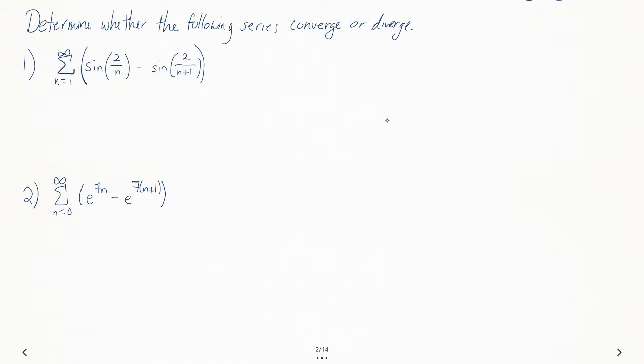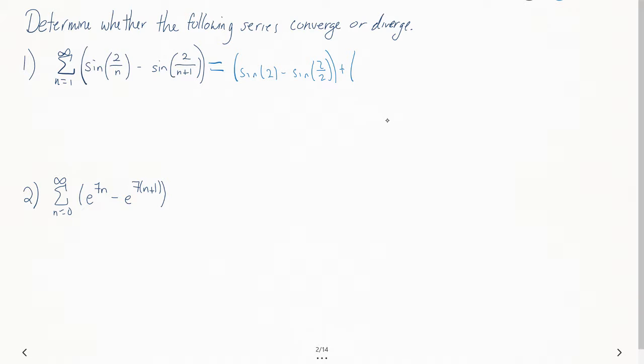So going back to series, let's try and see how these series work out. A series is basically a sequence of what we call partial sums. Now, what do I mean by that? Well, let's take a look at this thing. I'm going to write out a few terms. Notice that when we start at n equals 1, we get sine of 2 minus sine of 2 over 2, plus, now what's our next term?